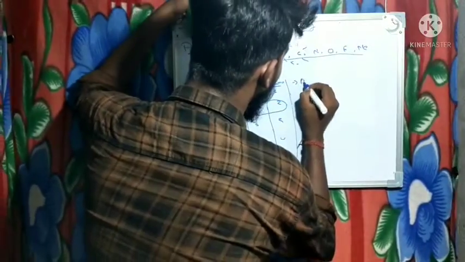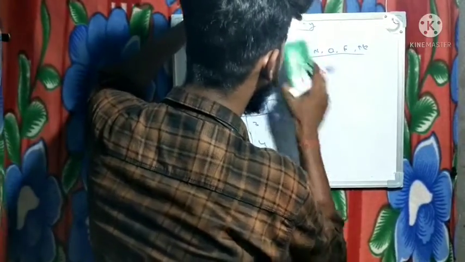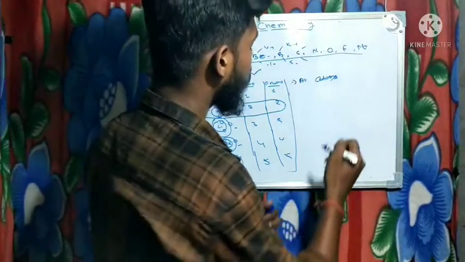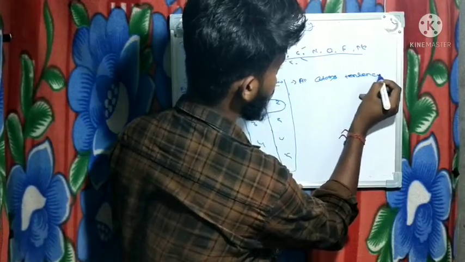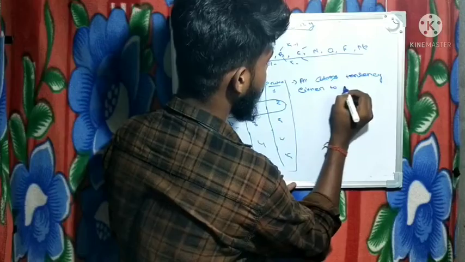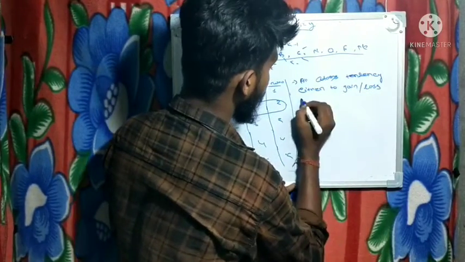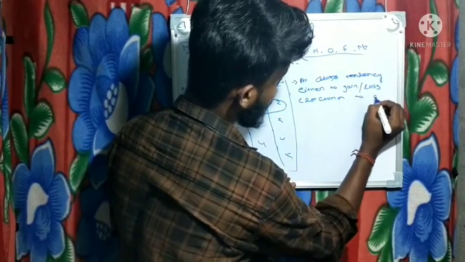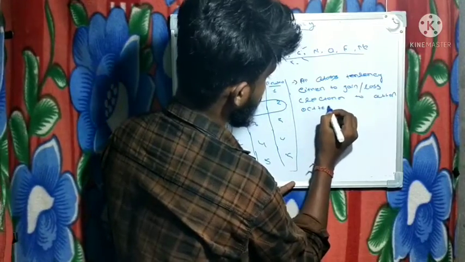So all atoms have a tendency either to gain or to lose electrons to attain octet state.